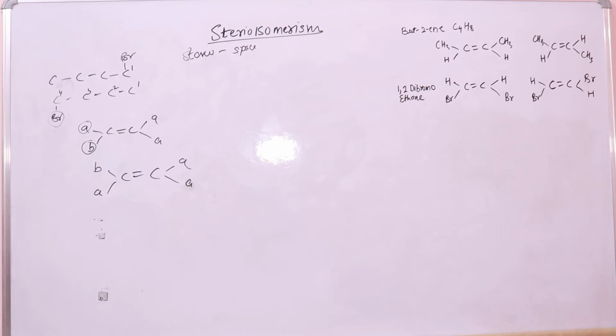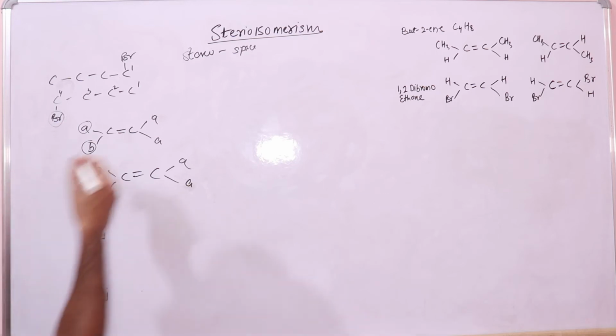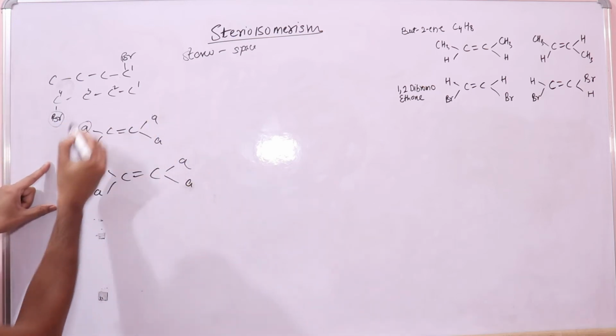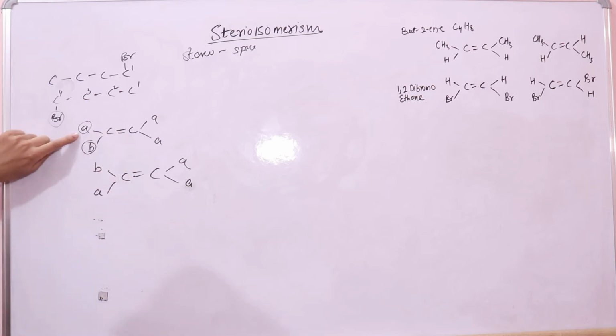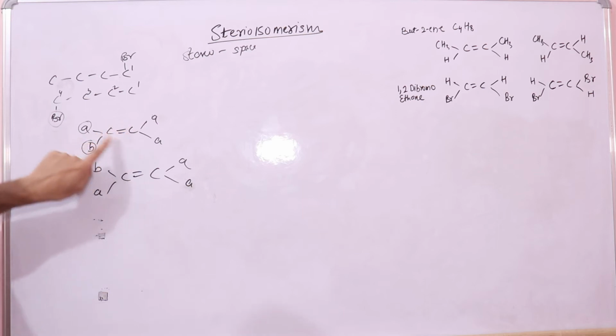So the spatial arrangement of atoms or groups in a molecule, you can see these two are different molecules, but the spatial arrangement of atoms differs. This is one particular configuration of A and B atoms around this double bond. This is another particular configuration of A and B atoms.